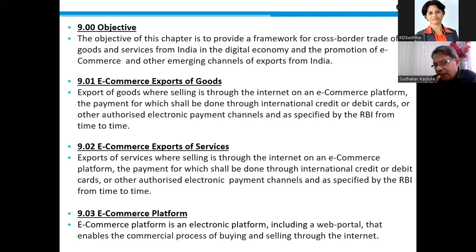So this is one new area that is emerging, and everybody should take advantage of this and think of developing this, what best we can do in this particular case. Para 9.03, e-commerce platform. So creating the web portal, enabling the commercial process of buying and selling through this internet medium, that will also get covered under this.